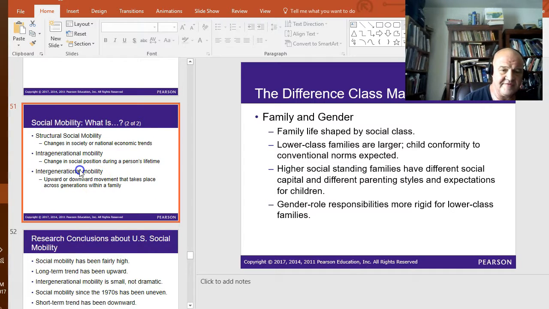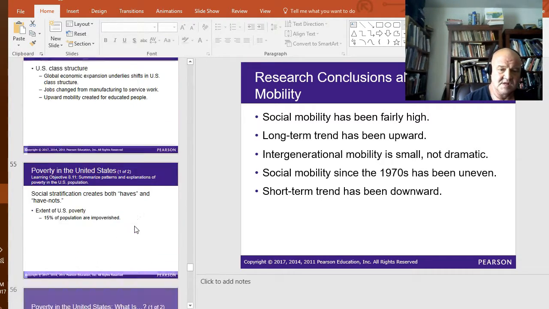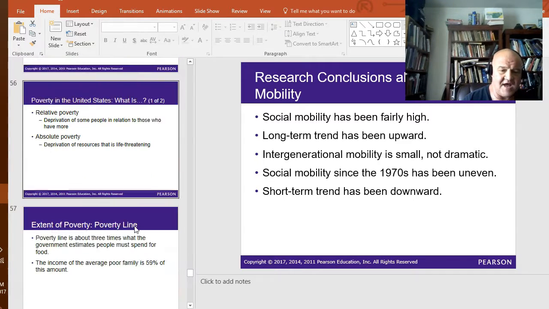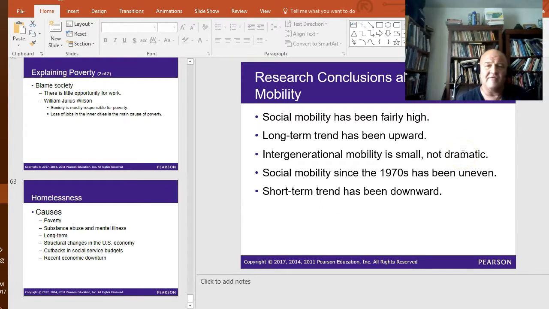And then, of course, 51, 52 give us the definitions of social mobility. 53 through the end, which is slide 63, gives us a serious overview of some of the characteristics and correlates of poverty, the lowest class in the United States. So you're going to want to review that information for that particular chapter.